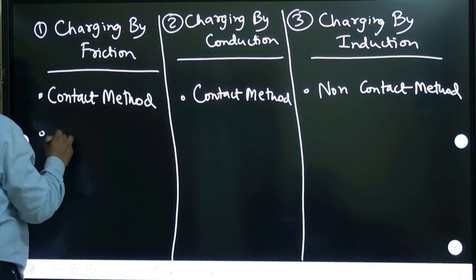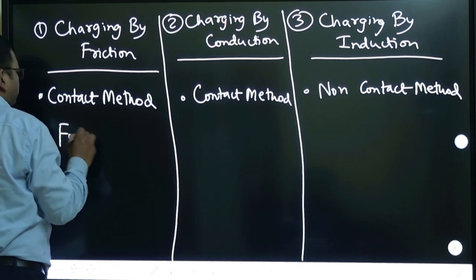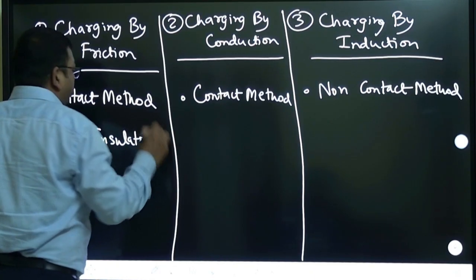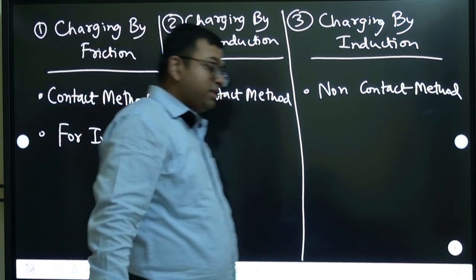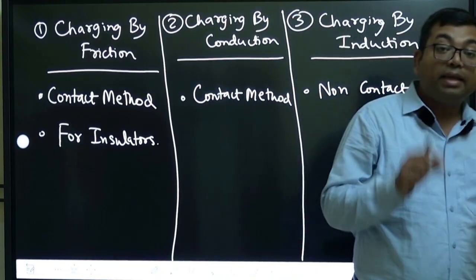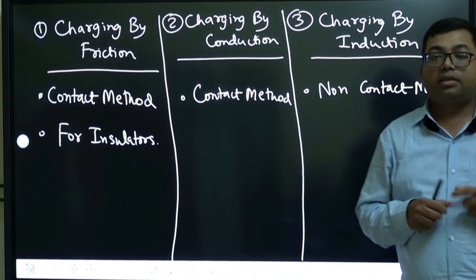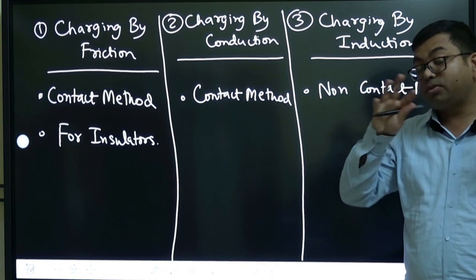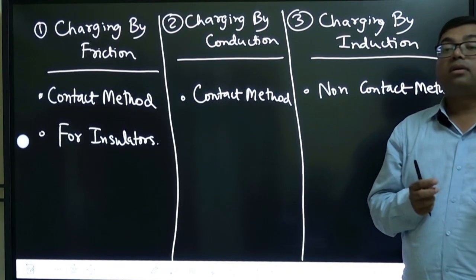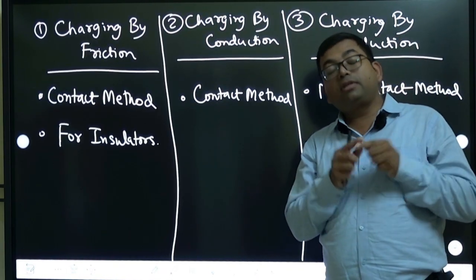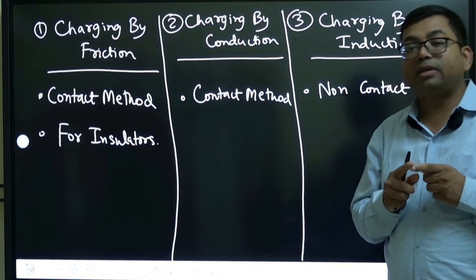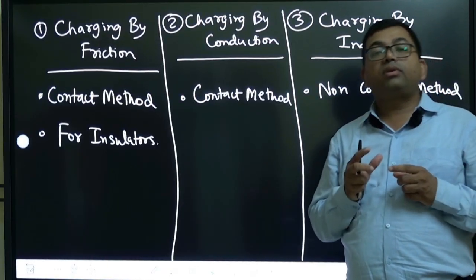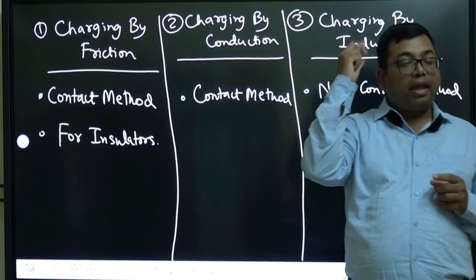Next, this method is suitable for insulators. Because in insulators, when you rub against each other, charges will remain localized in the body. Let us take two bodies and rub against each other. Charges will not distribute over the surface of the body, but will remain localized. For example, take a balloon filled with air and rub it with your hair.